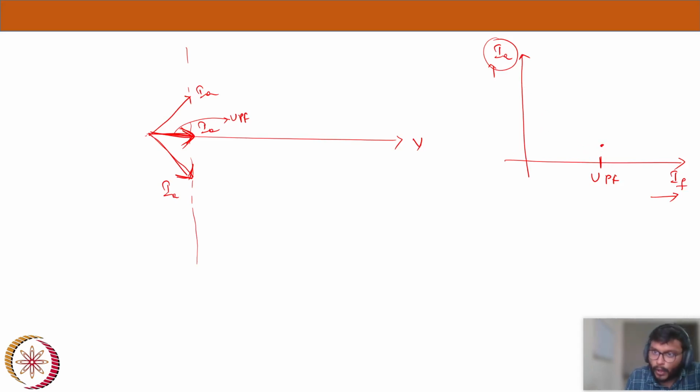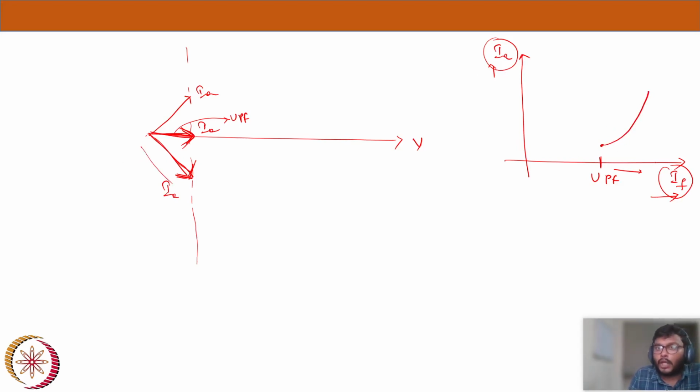Now from that point, if you increase the If, this x-axis is field current, you will have the over-excited condition. Over-excited condition means Ia will be on the downside of this one. Now from here, if you increase, your Ia length will increase.